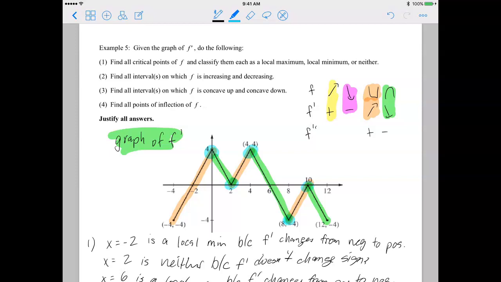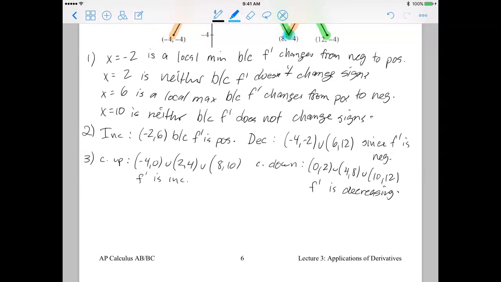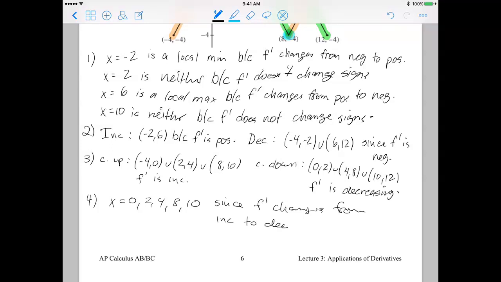Okay, so 0, 2, 4, 8, and 10 are going to be my points of inflection. x equals 0, 2, 4, 8, and 10. And the justification is since f prime changes from, I don't want to say positive to negative this time, I want to say increasing to decreasing, or vice versa.